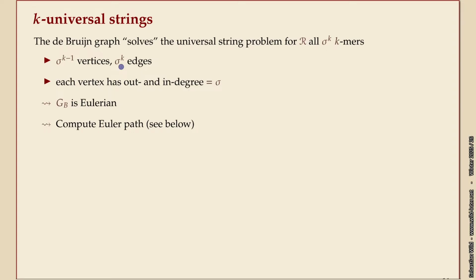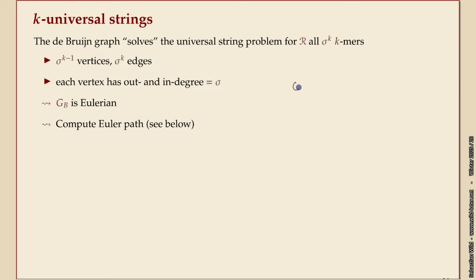And for every possible sigma to the k-mer, we have 1 edge. This needs a little bit of inspection, but it's not too hard to show just by symmetry that every vertex has the same in and out degree, namely sigma.